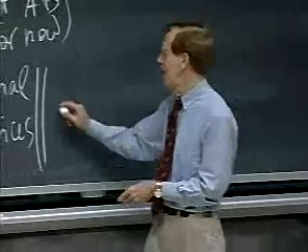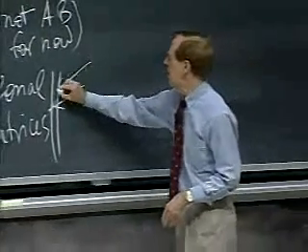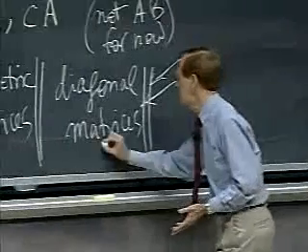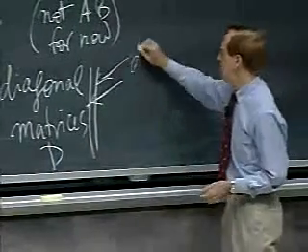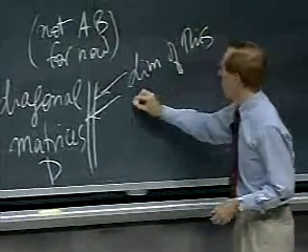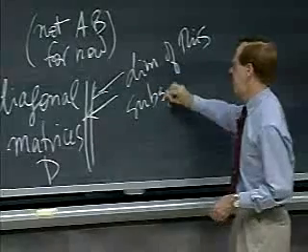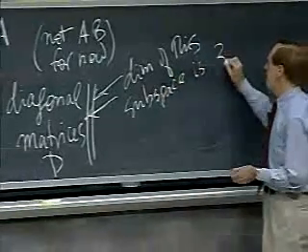Let me give you the answer for this one. What's the dimension? The dimension of this subspace, let me call it D, all diagonal matrices, is, as I write, you're working it out, 3.